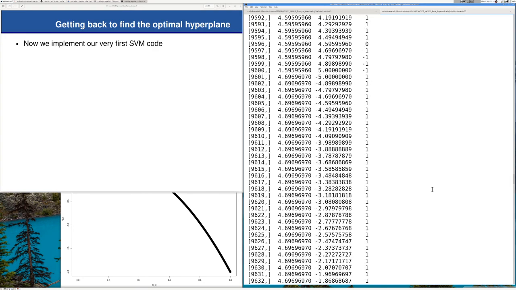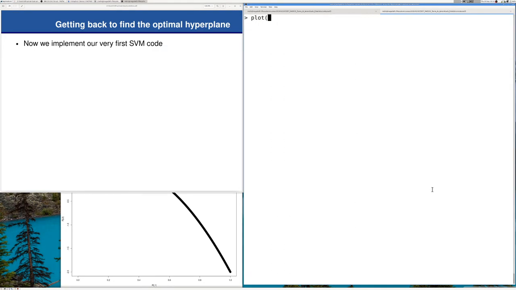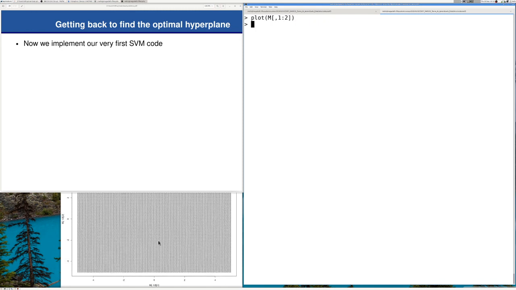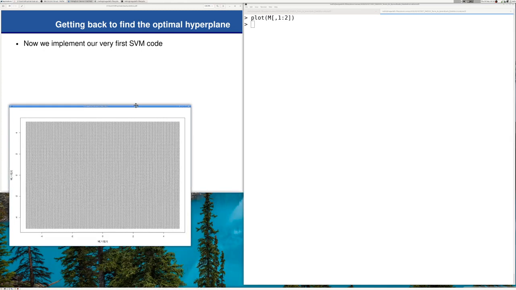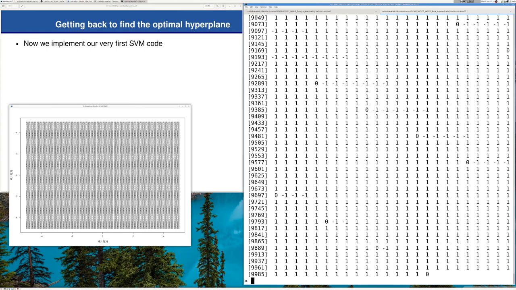I want you to plot this M. I'm going to plot M in terms of the first and second columns and the color. Well, actually not the color. Let's plot, just for now, the points. Of course I have an issue with the colors because some of the colors will be -1. I cannot plot something that is -1, or something that's 0.